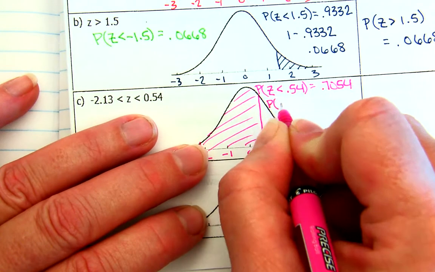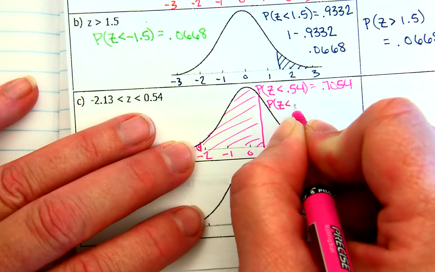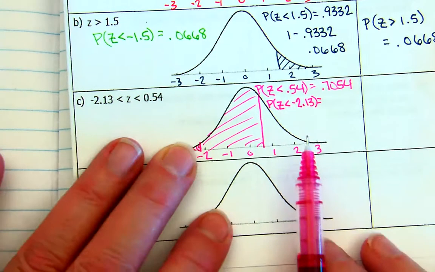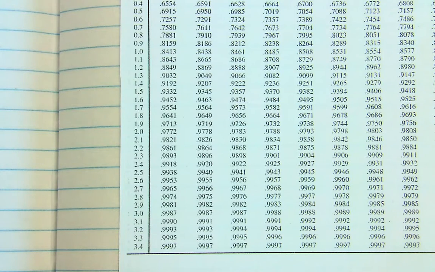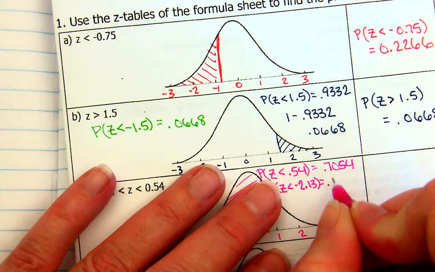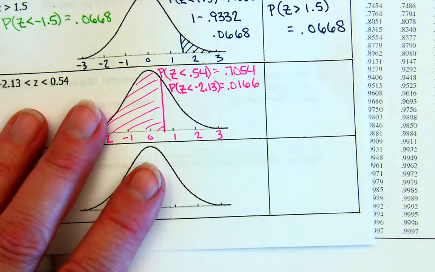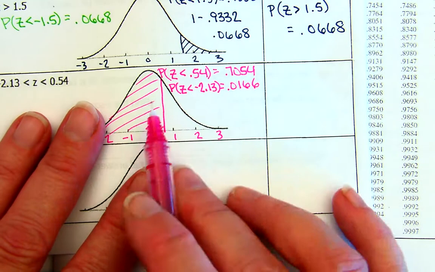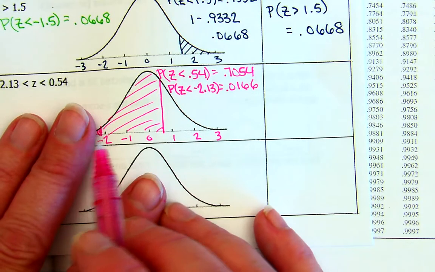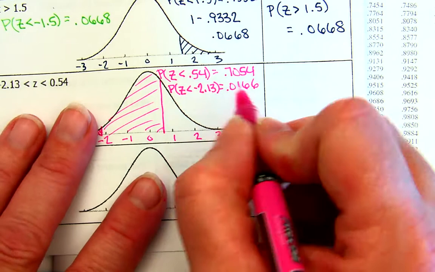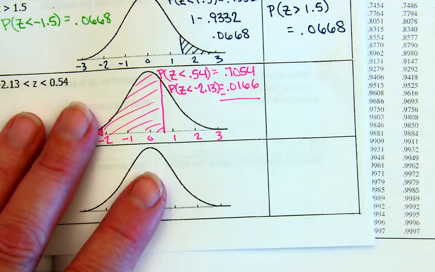Then I can look at the probability z is less than negative 2.13. It's going to be over here on the other page. I'm taking from here over and subtracting this little piece on the tail that would not be shaded. So I'm just subtracting those.